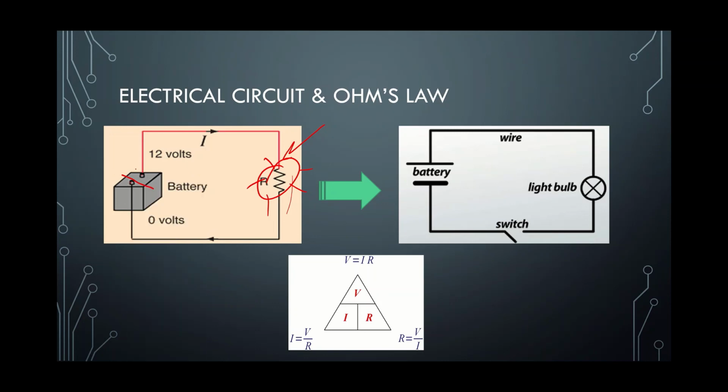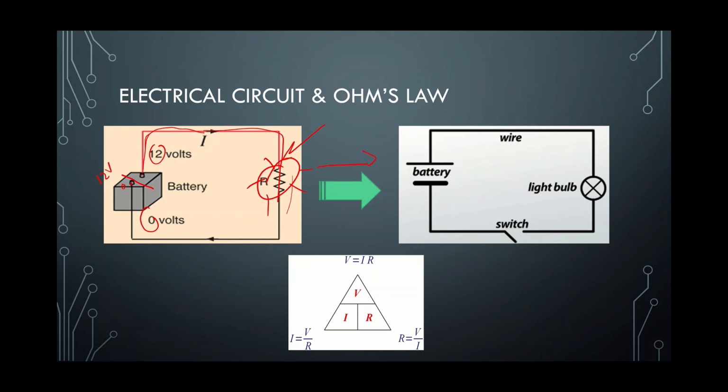This is 0 voltage, this is 12 voltage, so the difference between them is 12 volt, and that's what will define the battery. The current now will start moving from this terminal to this terminal to make a balance. During the movement, the lamp will glow.